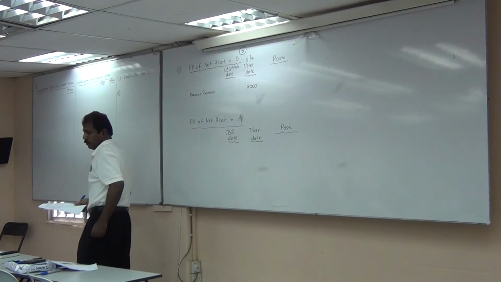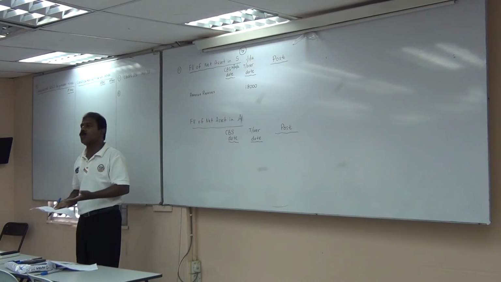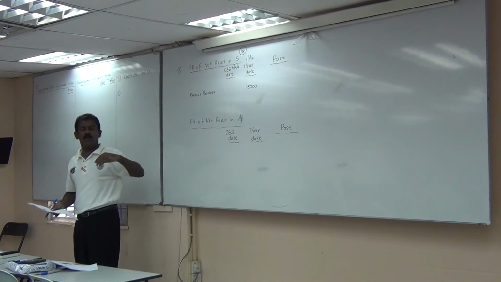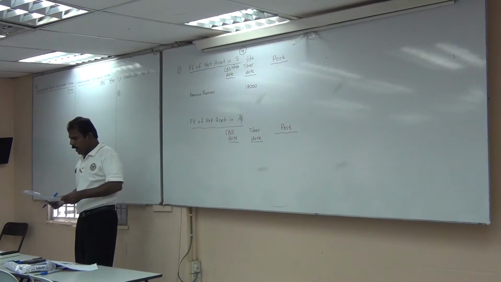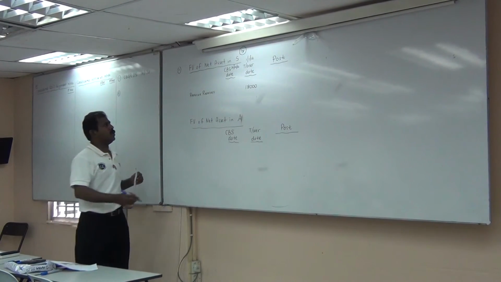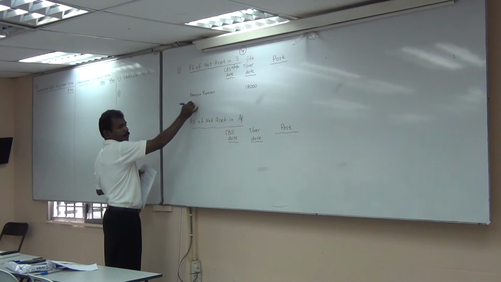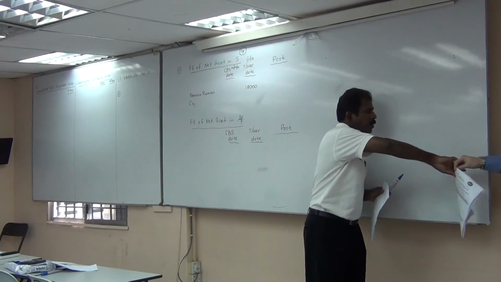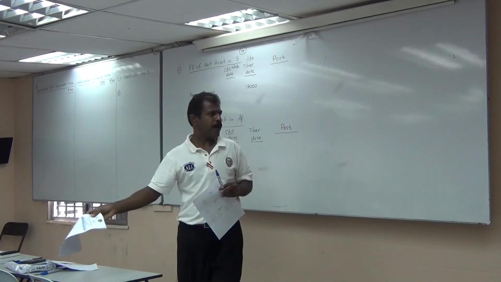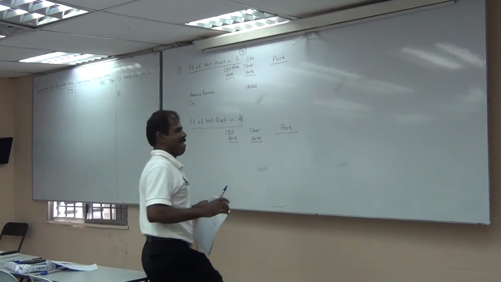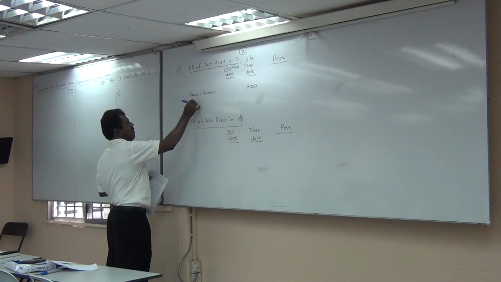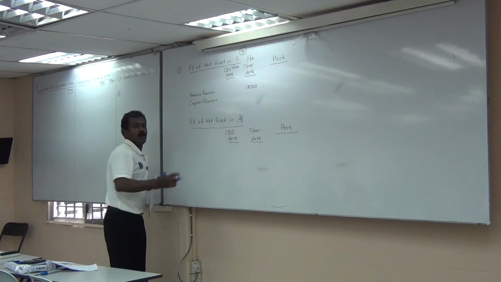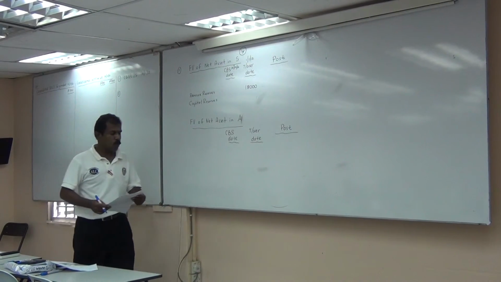The examiner used the word revenue reserve, so I just follow: revenue reserve 18,000. And the CR is capital reserves. Capital reserves 12,000. The rest will come next Monday.